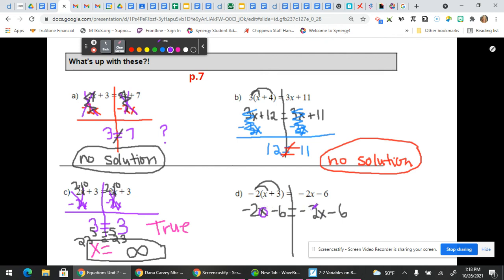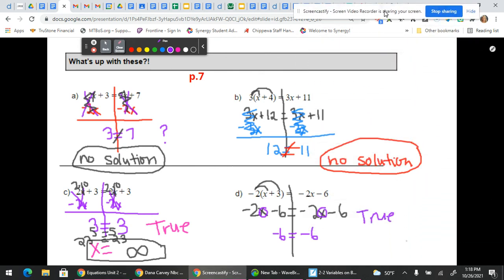So if I put a 0 in here and a 0 in here, -2 times 0 is 0, minus 6 is -6. -2 times 0 is 0, minus 6 is -6. It is true. So here again is a solution that we know because they are the same on both sides, there is an infinite number of solutions for x. We could put any number in and it would work.